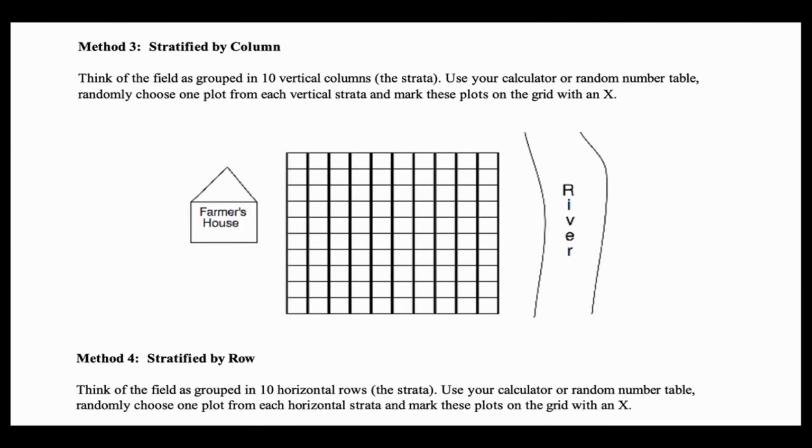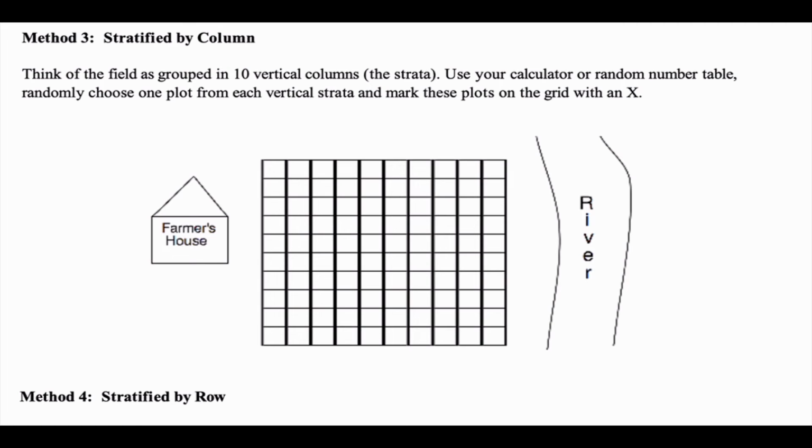The third one is stratified now. So not simple random sample anymore, stratified. So someone remind me, what is stratified again? What is stratified random sampling? Into groups, yeah, subgroups. They're separated into subgroups based on something in common.